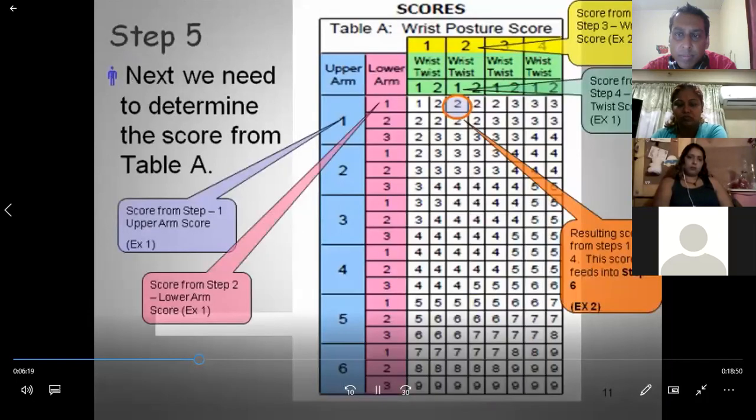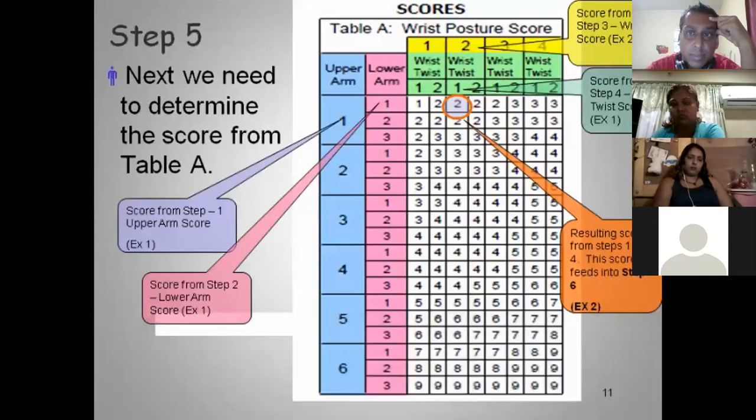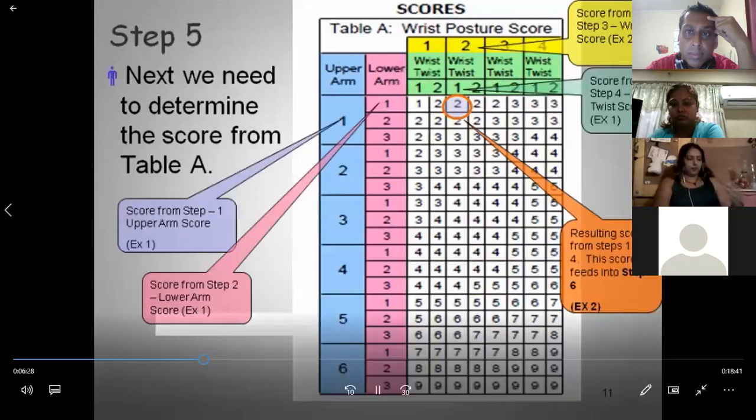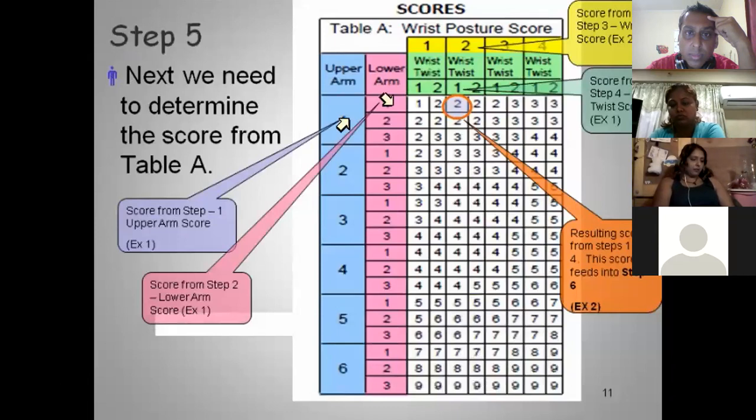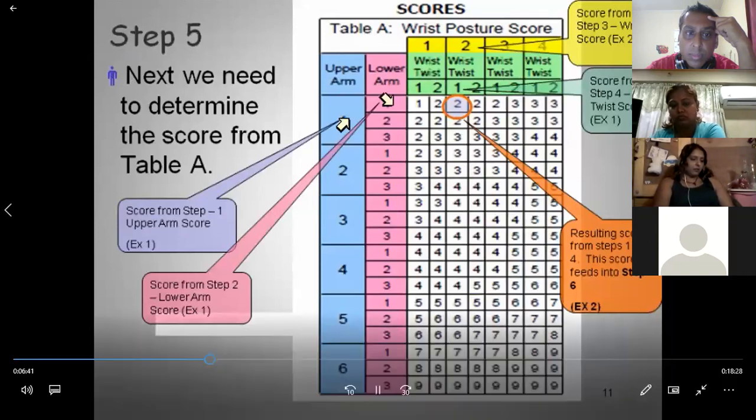So here's where hopefully you are keeping track. From step 1, you would choose the upper arm score, which is a 1. Then step 2, we choose the lower arm score, which was a 1. Step 3 was our wrist posture score, and I chose a 2.